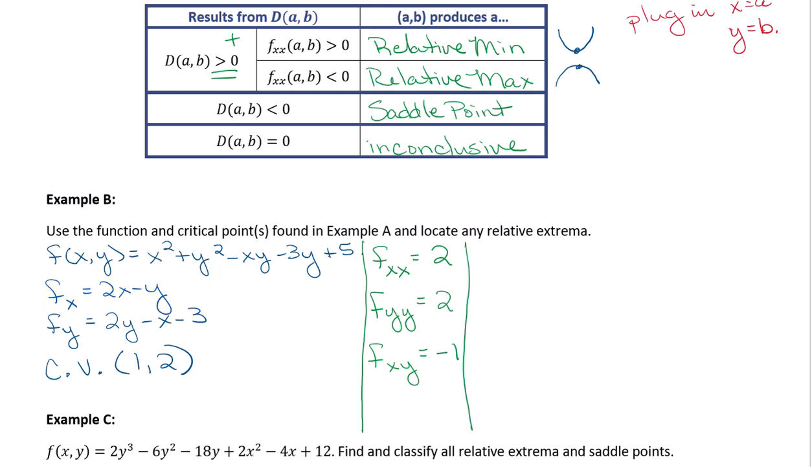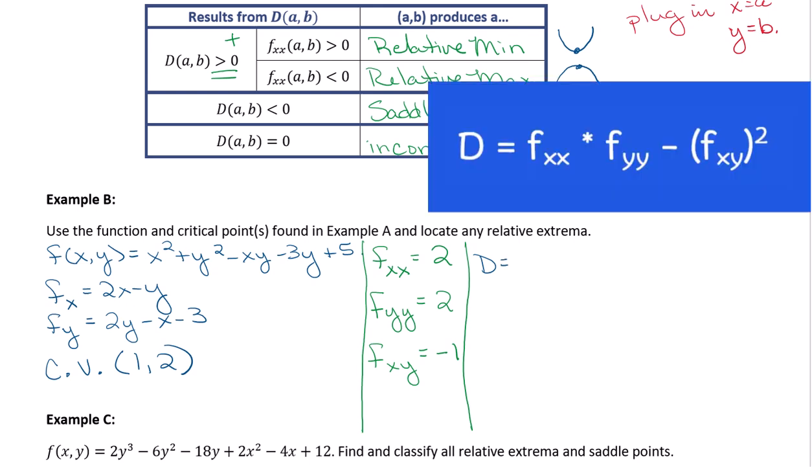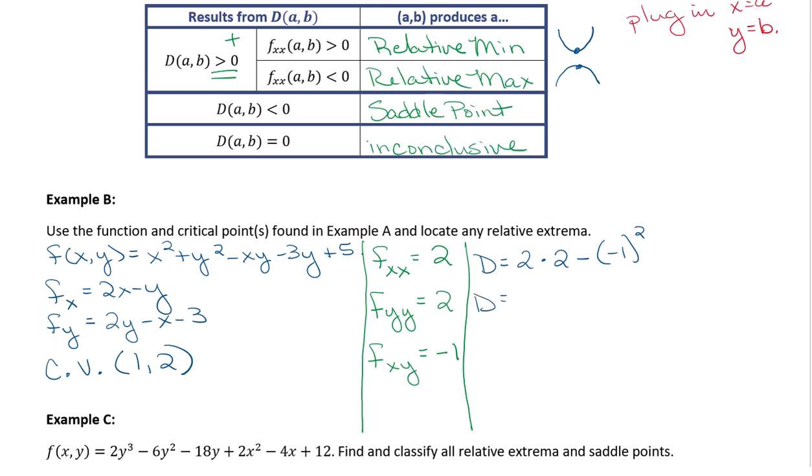So now we have to find our D. Remember, we take the 2 times the 2 minus that negative 1 squared, and we get a D value of 4 minus 1, which is 3, which is greater than 0.